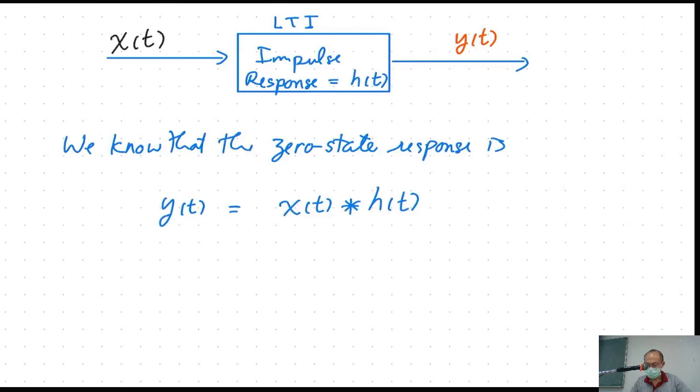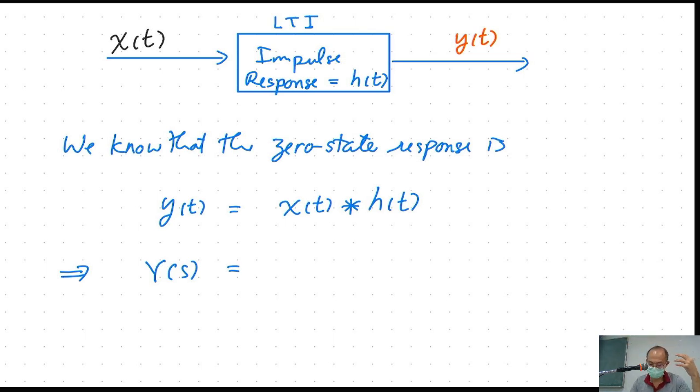So because we know that y(t) is the convolution integral between x(t) and h(t), we could take the Laplace transform on both sides. So we have Y(s), and we know that the Laplace transform of the convolution integral is equal to the product of the Laplace transforms.